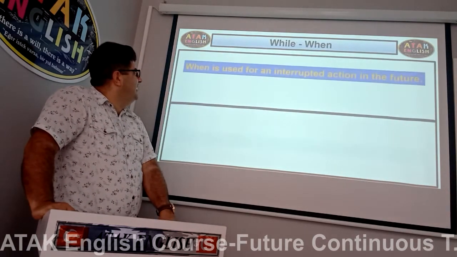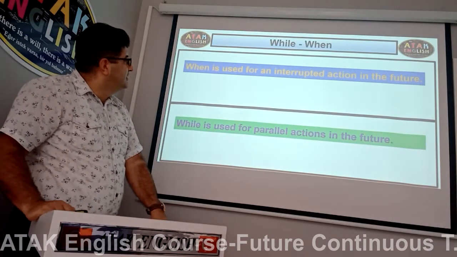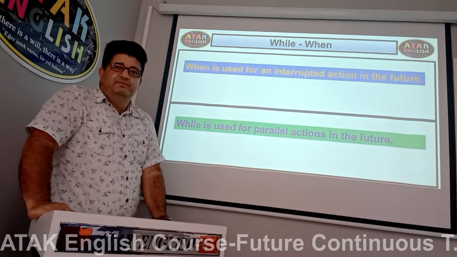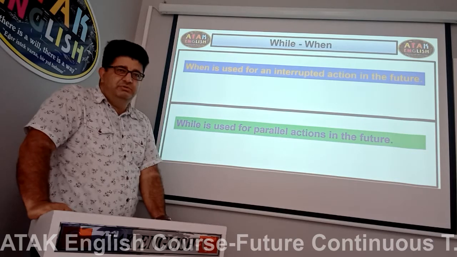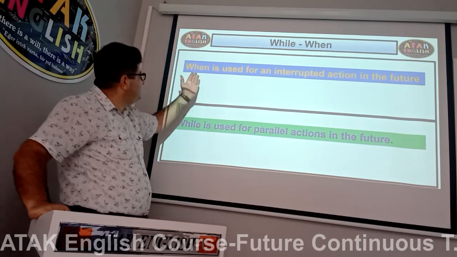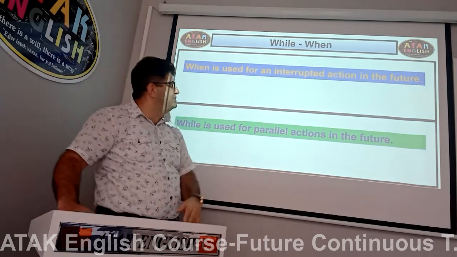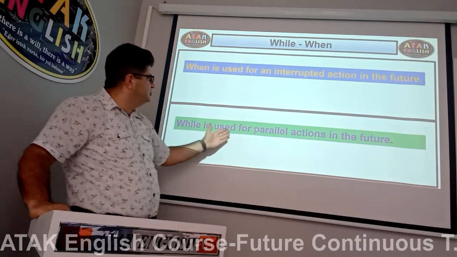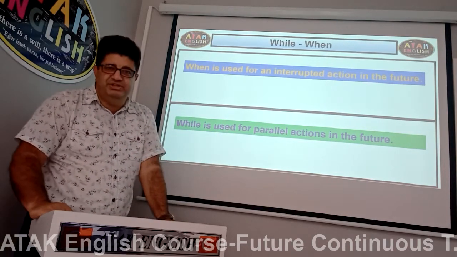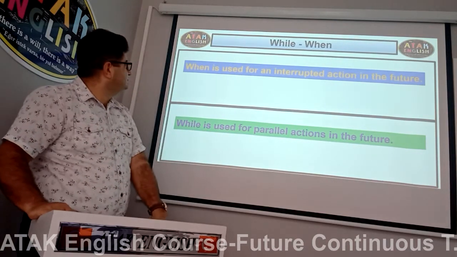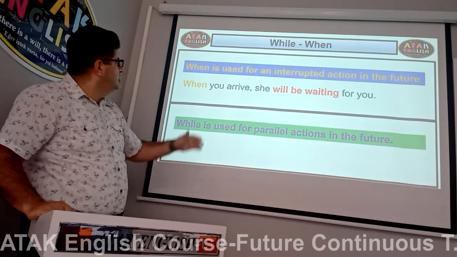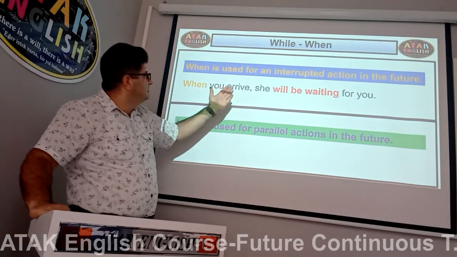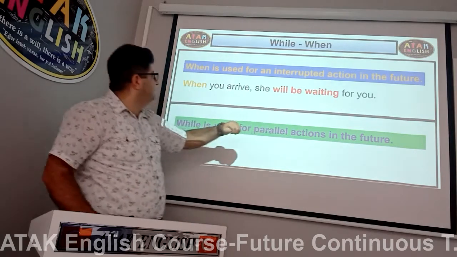Okay, while and when, that's what we use in future continuous tense. When is used for an interrupted action in the future, while is used for parallel action in the future. Let's see how it goes. When you arrive, she will be waiting for you.